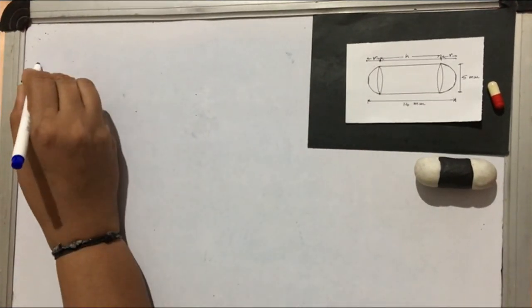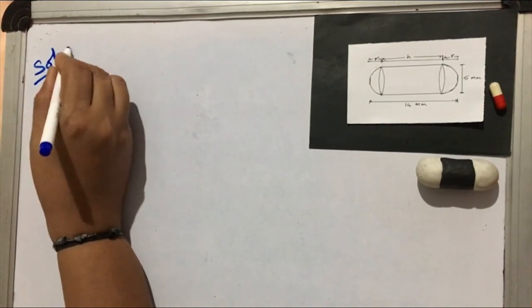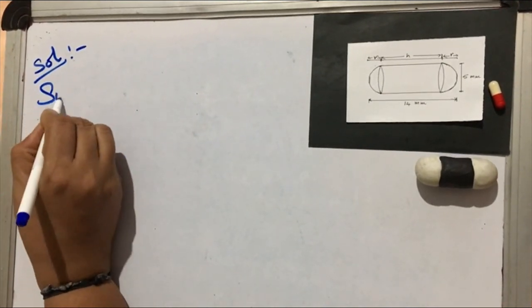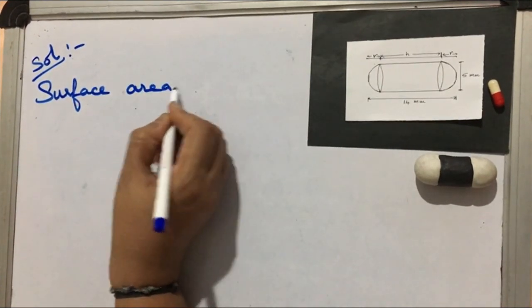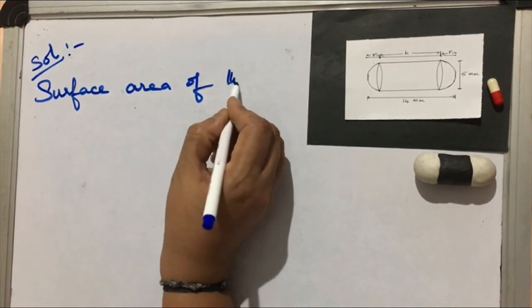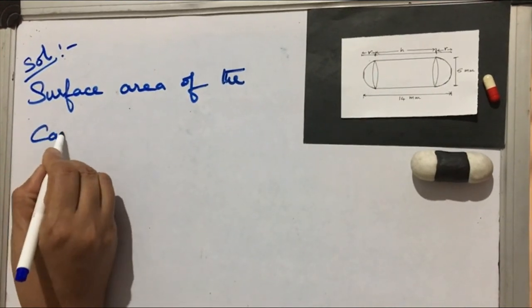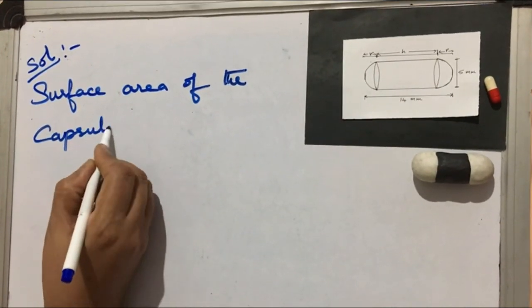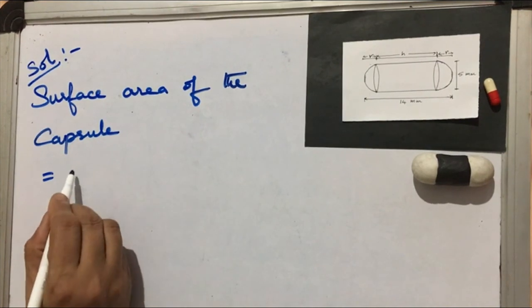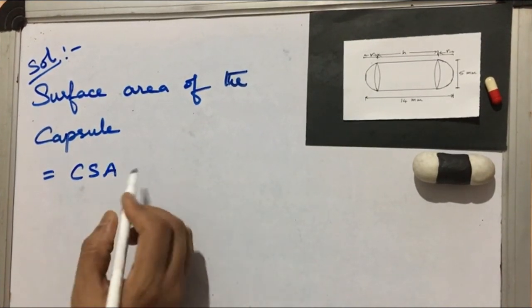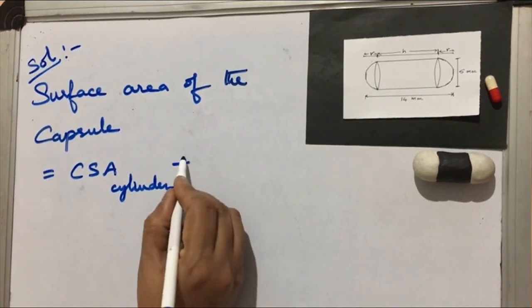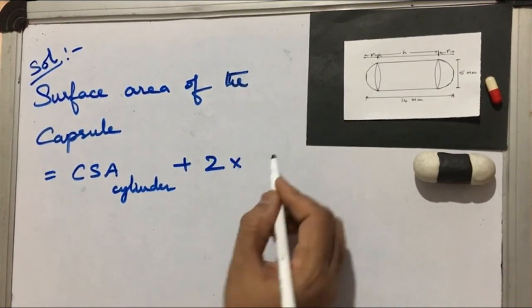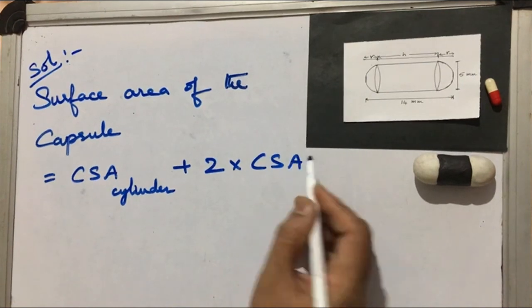So, the skeleton formula for this is: surface area of the capsule is CSA of a cylinder plus 2 times the CSA of a hemisphere.